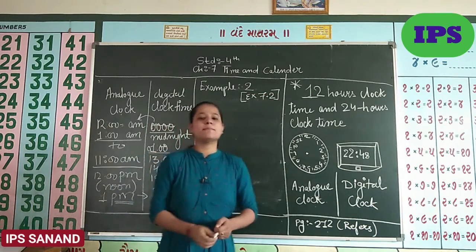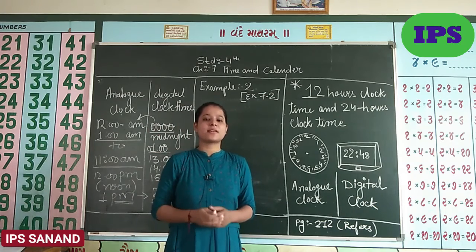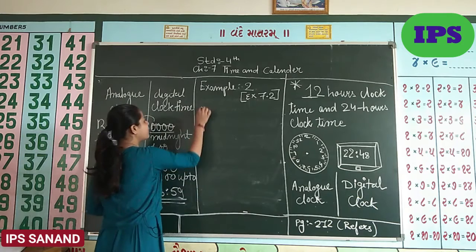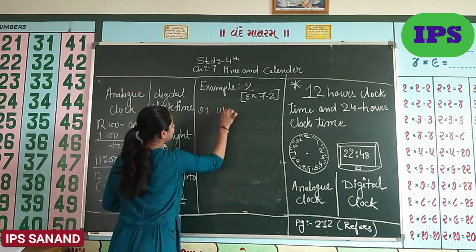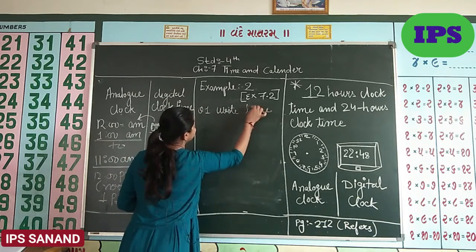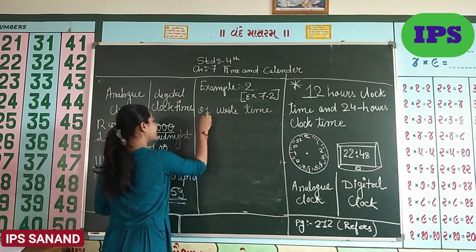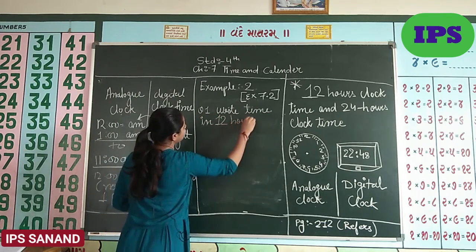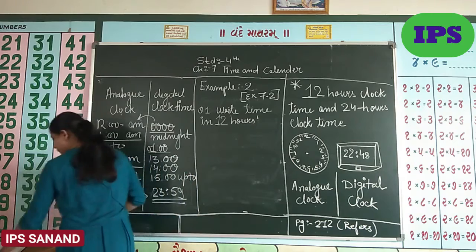I have taken example number 2 from your exercise 7.2 of the textbook. Okay, here you have a question. Write time in 12 hours format.